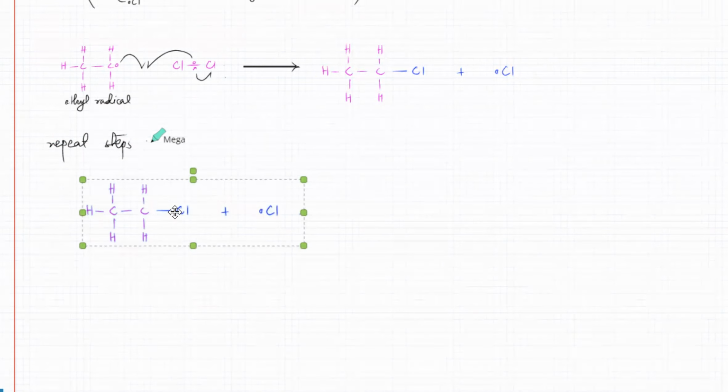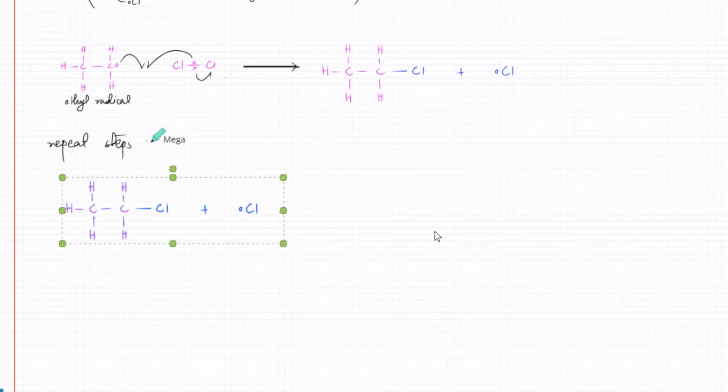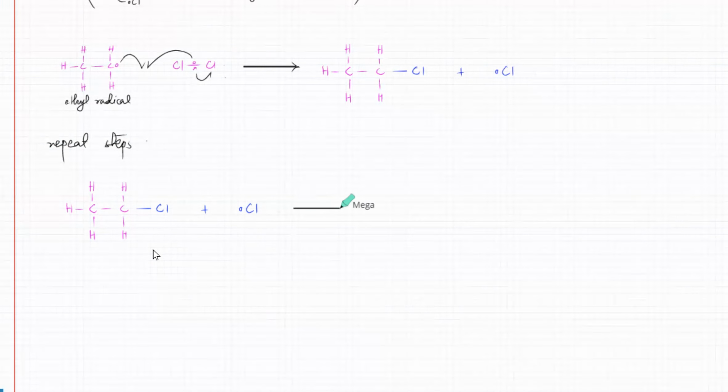The Cl comes back. It's a radical. What it will do is try to steal one of the hydrogen atoms. I'm not going to draw the arrows now, I'm just going to show you. So let's say it steals this hydrogen. This molecule over here will have one hydrogen missing.